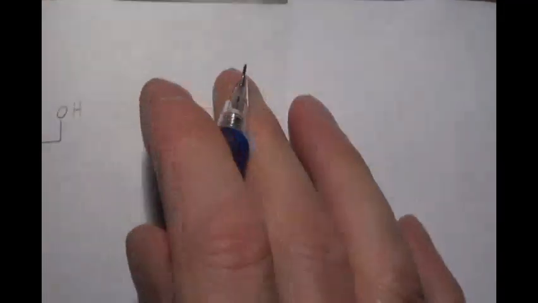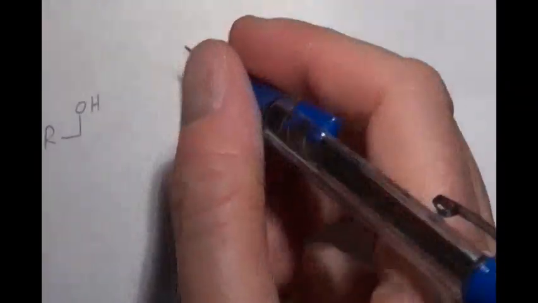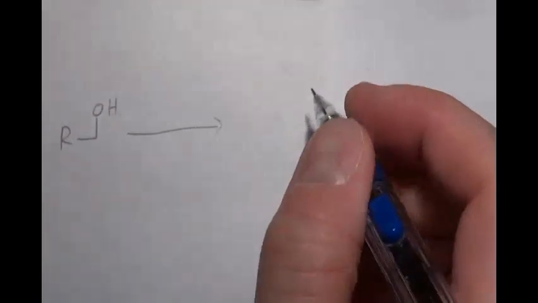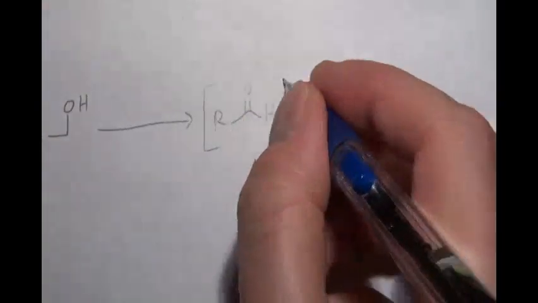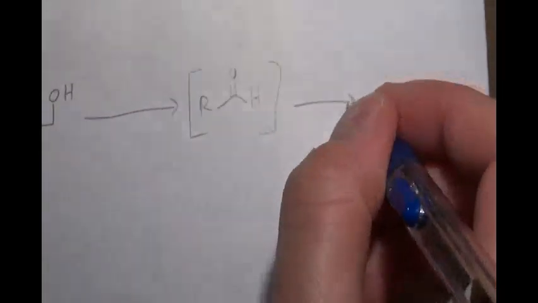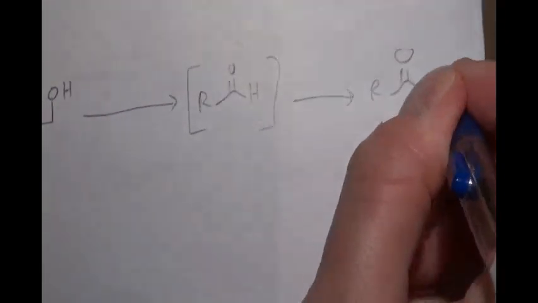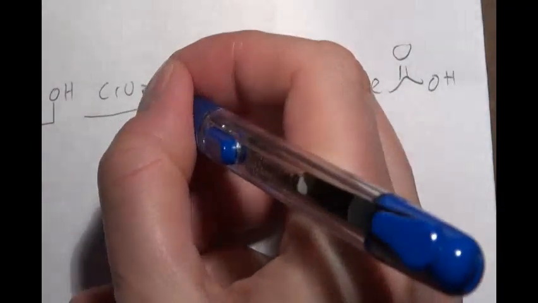Okay, so let's show that mechanism. Primary alcohol. We're going to show the mechanism first to the aldehyde, and then up to the carboxylic acid, using CrO3 and H3O plus.